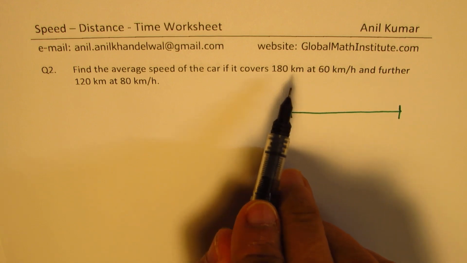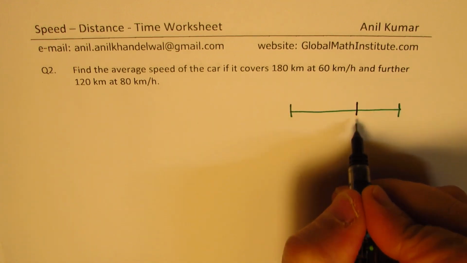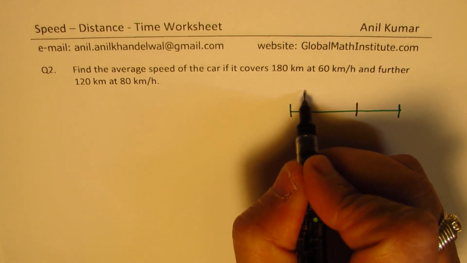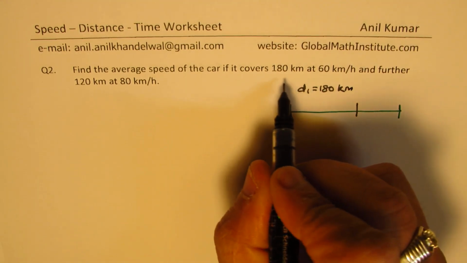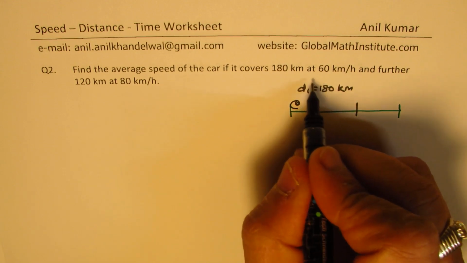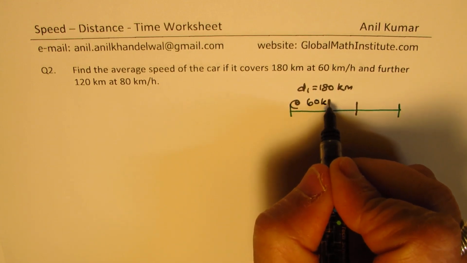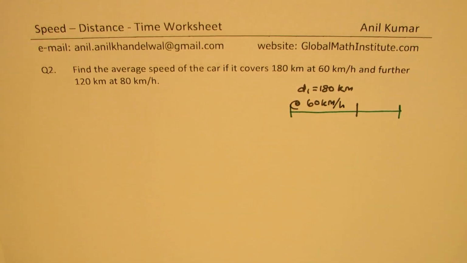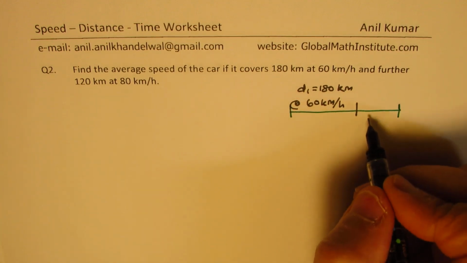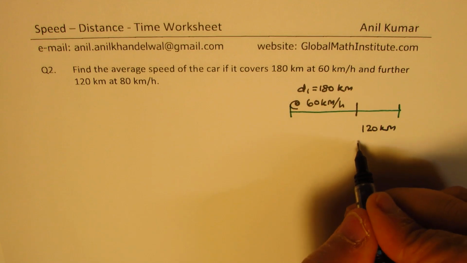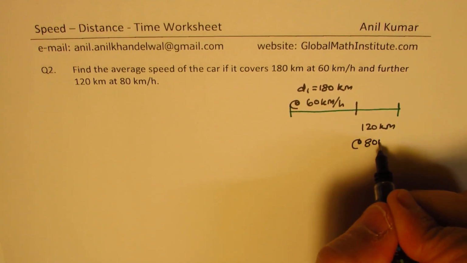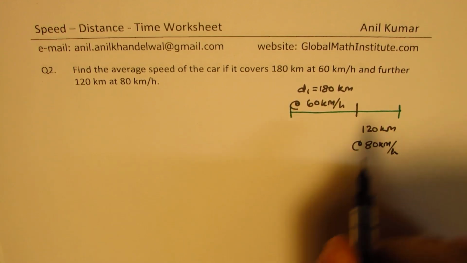If it covers 180 kilometers, let's say distance 1 is 180 kilometers, at the speed of 60 kilometers per hour, right? And further, this distance is 120 kilometers, and this is being covered at 80 kilometers per hour.